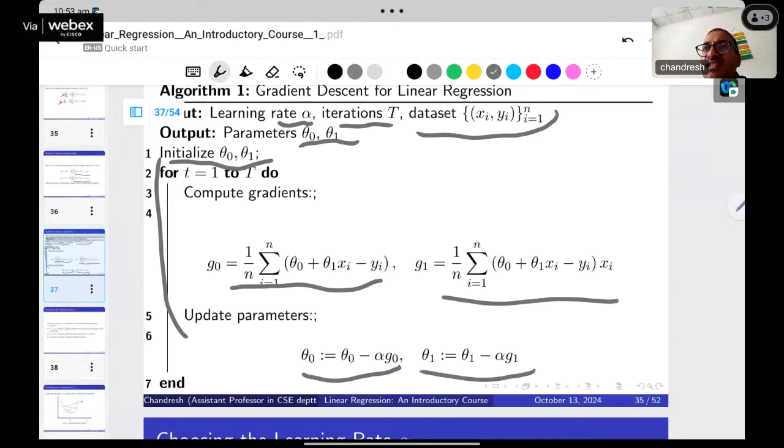That's standard in gradient descent: you take the old value of the parameter minus the learning rate alpha times the gradient. Alpha is called the learning rate, which I will explain in a moment. You then run this loop many times. Everyone sees this gradient descent algorithm.